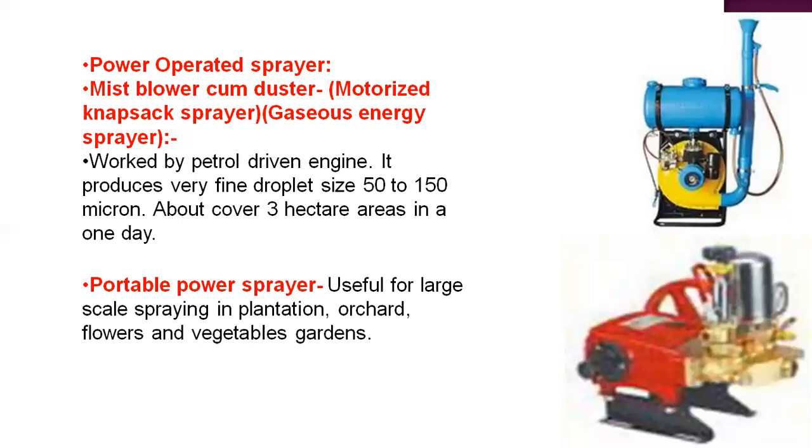It produces very fine droplets of about 50 to 115 microns in size, and the area covered is more than 3 hectares in one day. The second one is a portable power sprayer, which is useful for large scale spraying in plantations, orchards, and flower and vegetable gardens. So these are the two power operated sprayers.